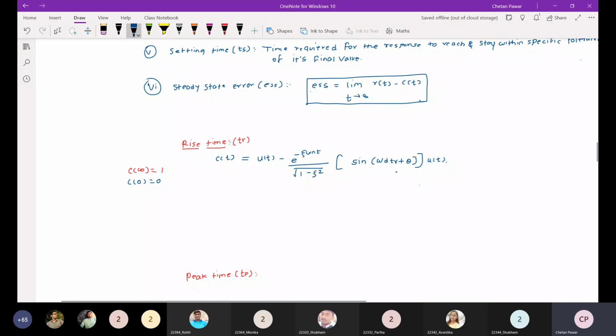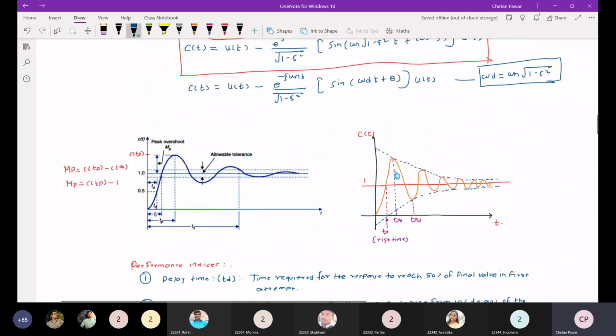The final value is 1, so at rise time the value will be 1. This is C of TR, which is 1, and U of t is 1 only.